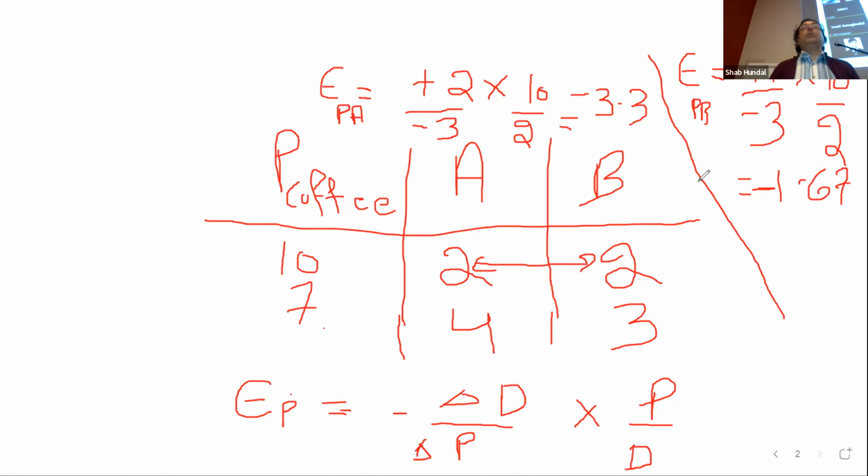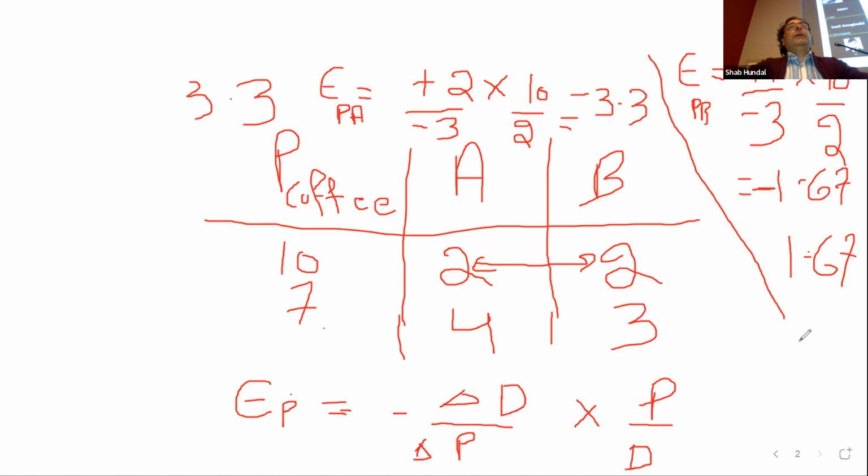But now when we ignore the negative sign, then A's reaction is 3.3, B's reaction is 1.67, and now you can say that 3.3 is larger than 1.67. Does it make a difference? With the inclusion of the negative sign, our interpretation can go haywire, totally opposite.